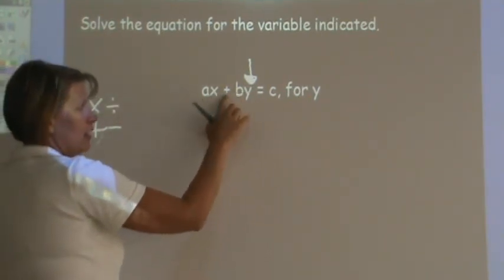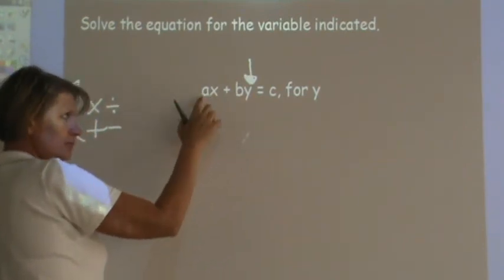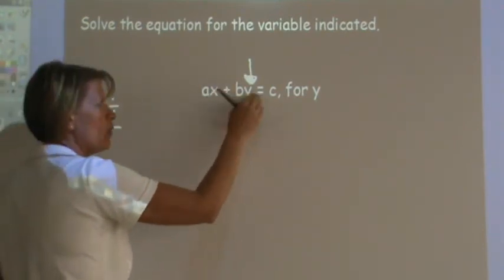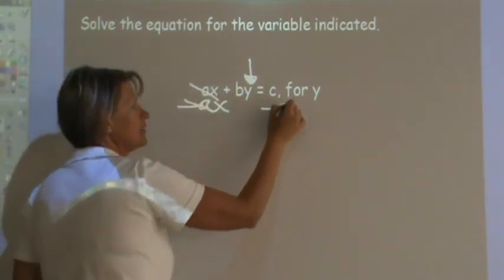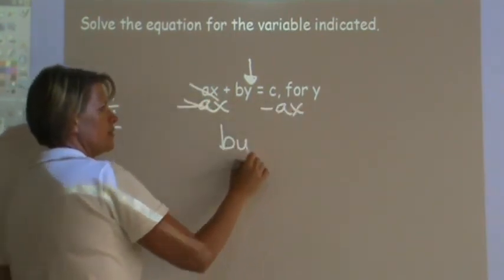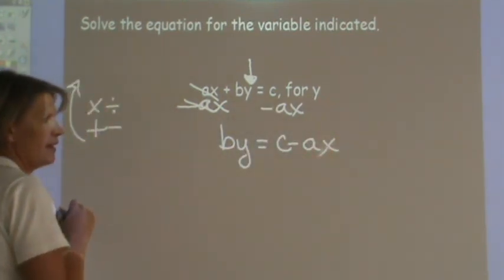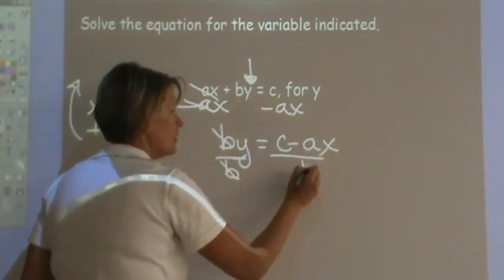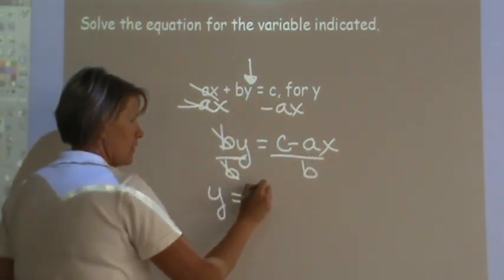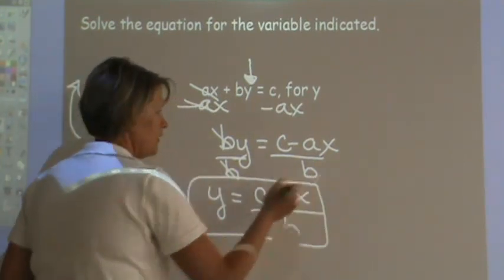If I want to keep the y, I got to get rid of the ax and the b. Well, it's ax plus by, so I need to subtract that ax so that I'm left with just by. I got my c minus ax. To get rid of the b, I just divide. Okay, and that's our answer.